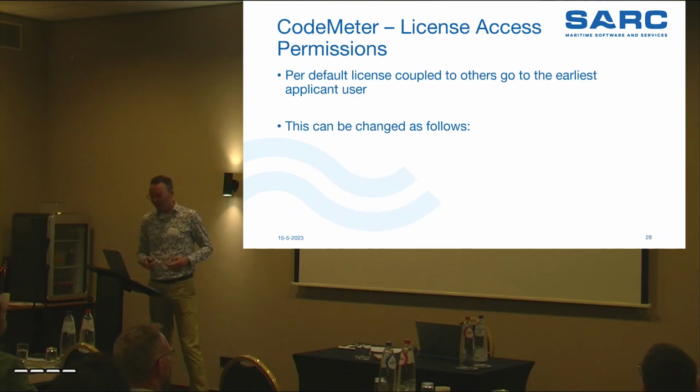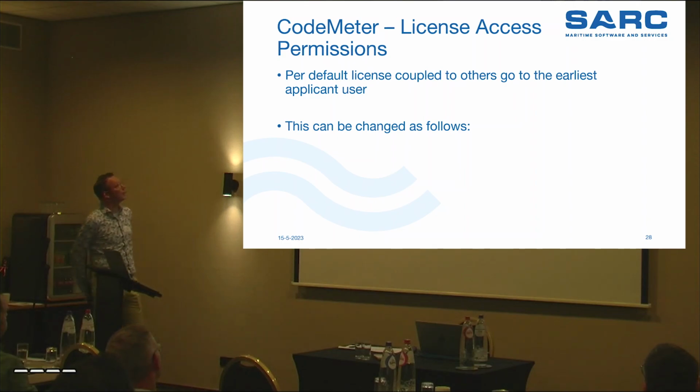And then we come to a more dedicated tip, and that is Code Meter, the license access permissions. If you are working with several PIAS licenses, but for some modules there are fewer licenses than PIAS licenses available, for example for grain, then the user that starts PIAS first also has grain, but that is maybe not wanted.